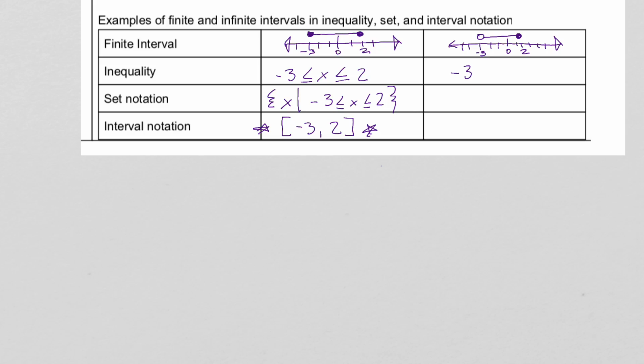Because of the open circle, it's not less than or equal to x, it's simply less than. And there's a closed circle over the 2, so that stays the same. The set notation is fairly simple. x, vertical bar, all real numbers x, such that x is between -3 and 2.